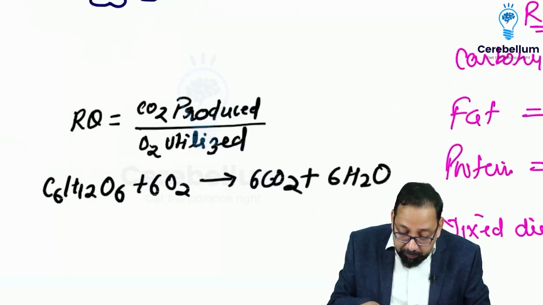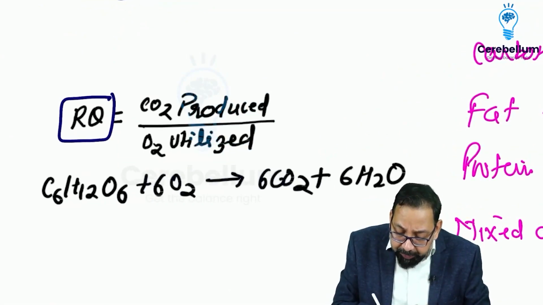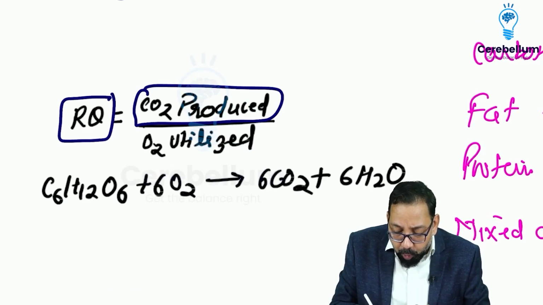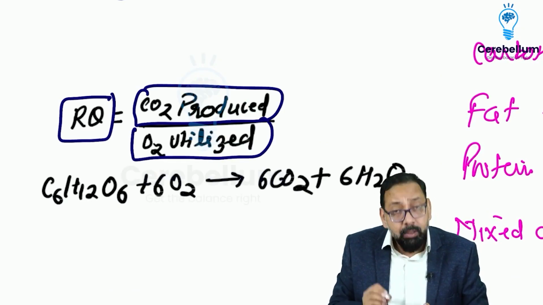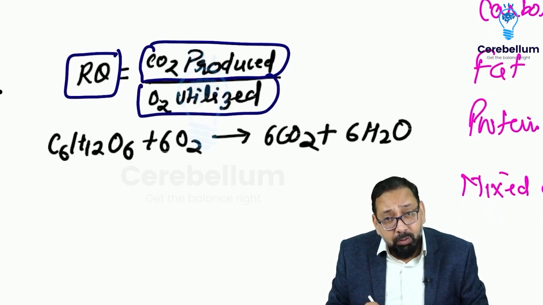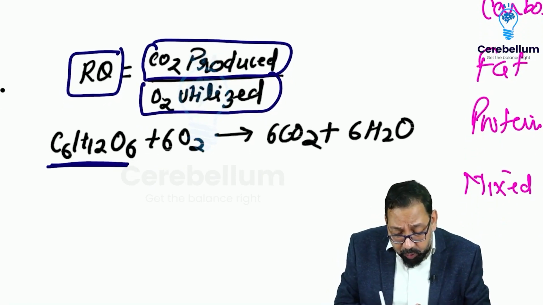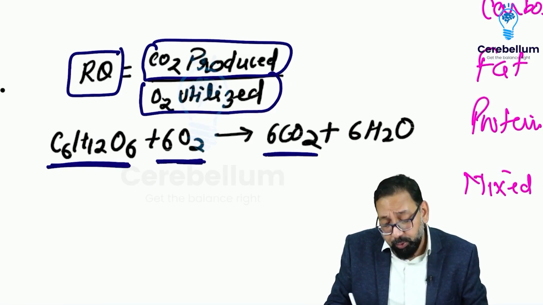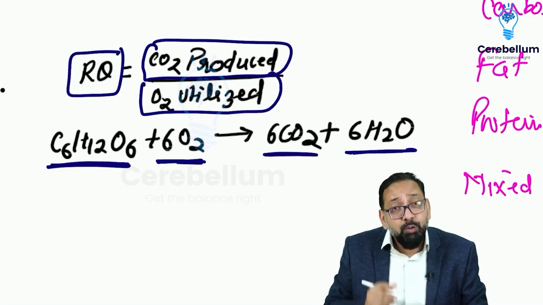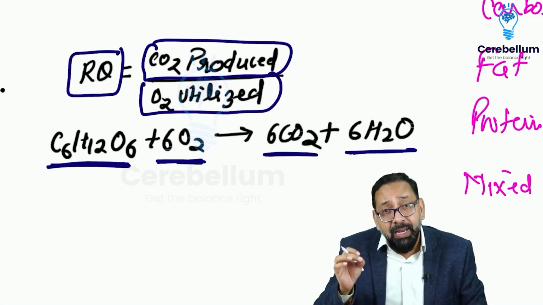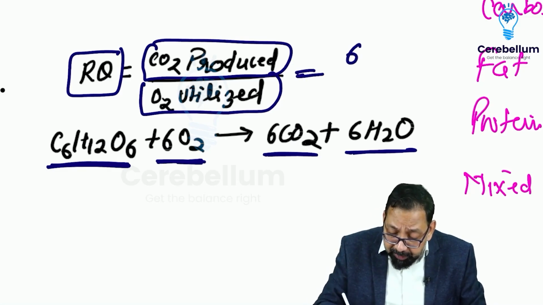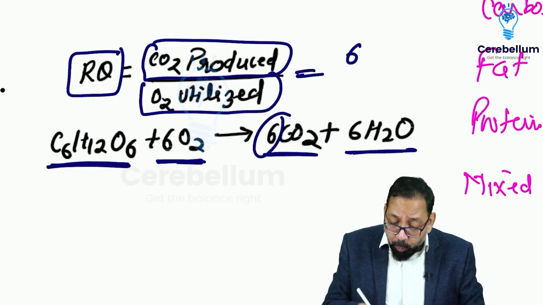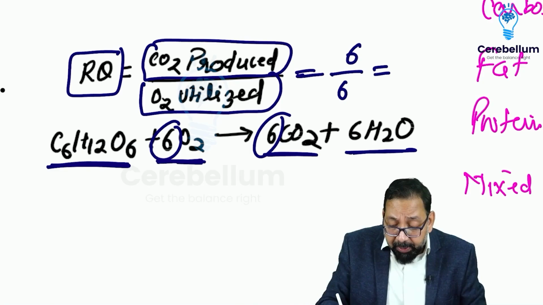A question is asked on RQ. RQ, respiratory quotient, is CO2 produced upon O2 utilized. In carbohydrate, the prototype is glucose, C6H12O6, which binds with 6 O2 to produce 6 CO2 and 6 H2O. So when carbohydrate is oxidized, CO2 produced is 6 and O2 utilized is 6. 6 by 6 is 1.